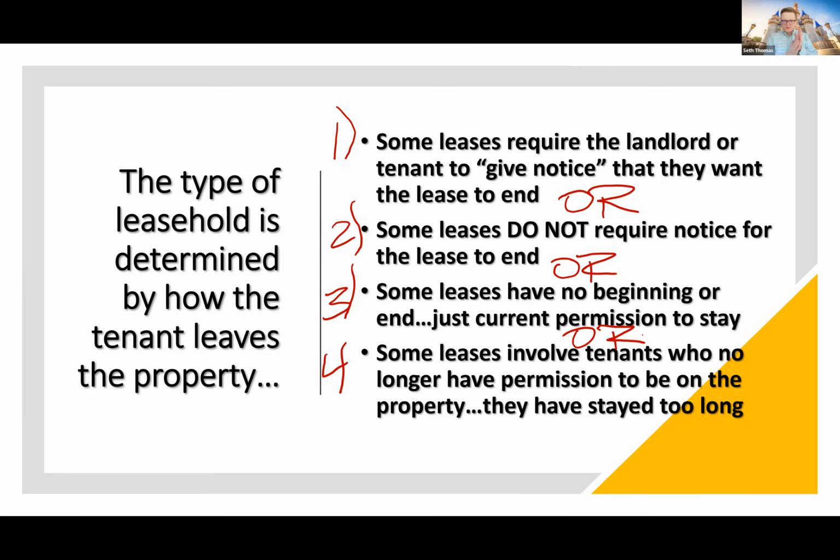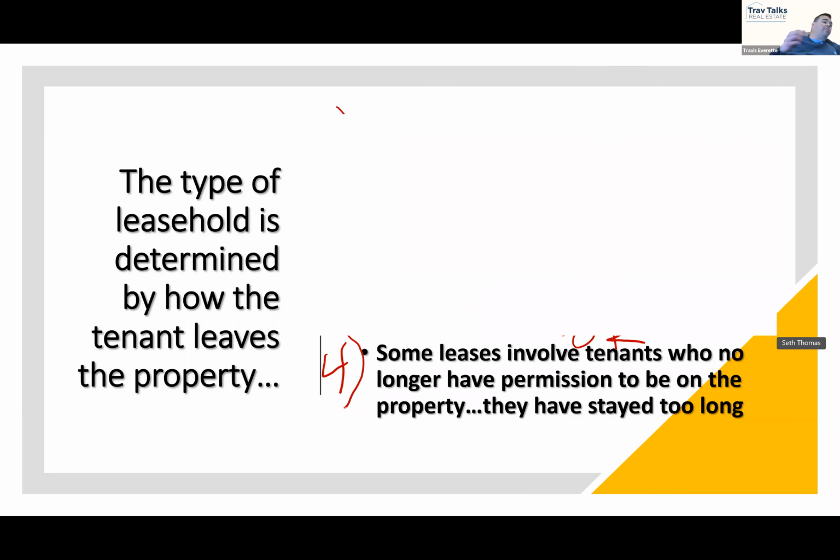Right. And then number 4, there are some leases that involve tenants who just honestly shouldn't be there anymore. They were supposed to leave. They had another one of the first 3 types, but that time has come and gone. They were supposed to leave and they won't do what? The tenant is refusing to do what? Leave.